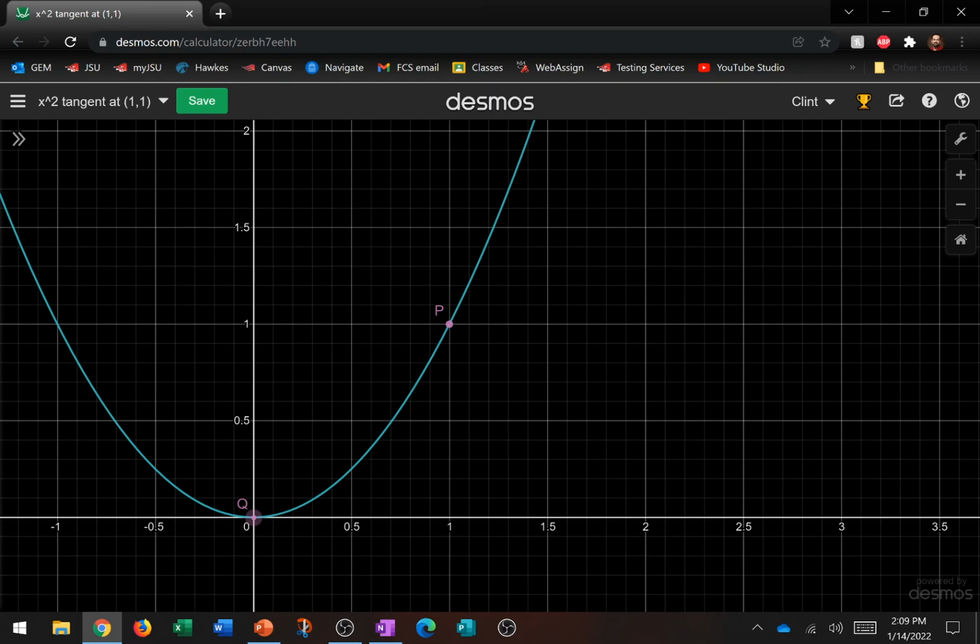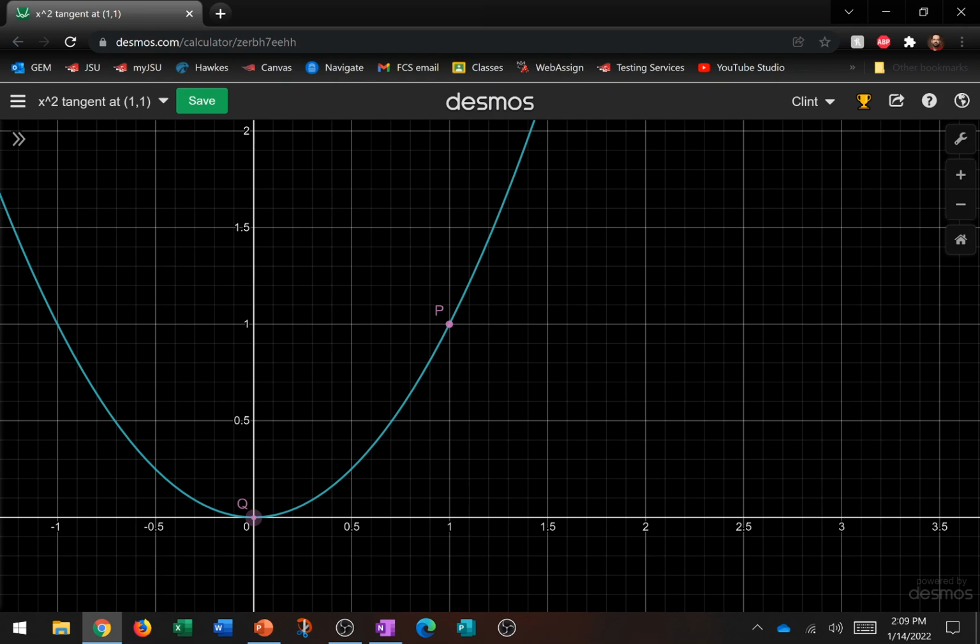I'm going to start it at (0, 0). If we find the slope between P and Q now, since they're not the same point, we can calculate.